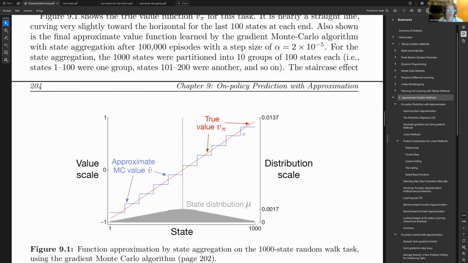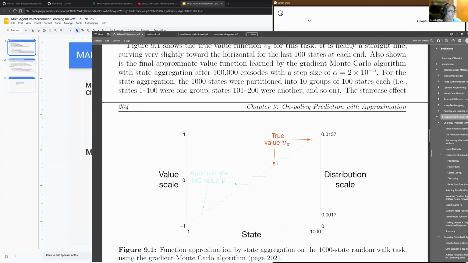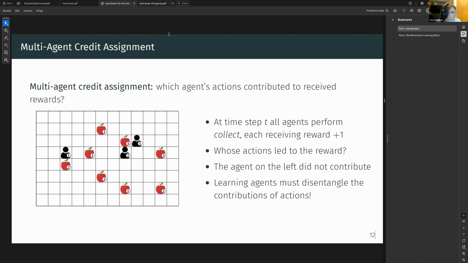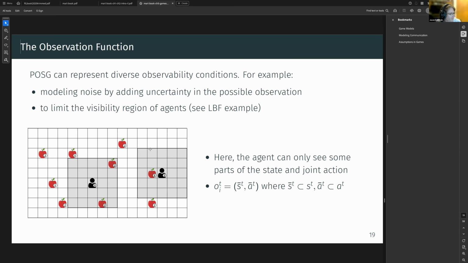Whatever information is limited about the state, like what's being shown here, this sort of limitation would not occur in this formal way of the observation function, but we could handle this in the feature vector construction.